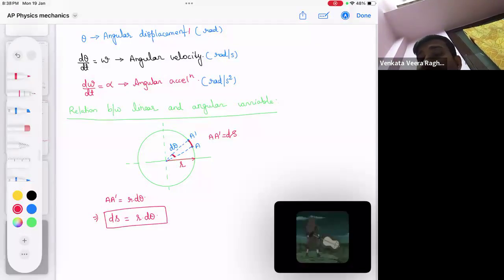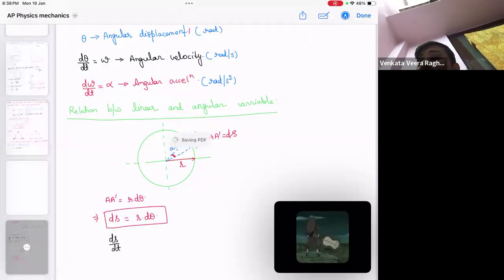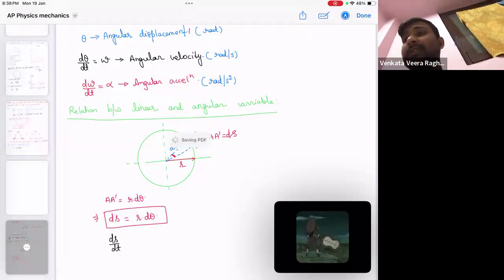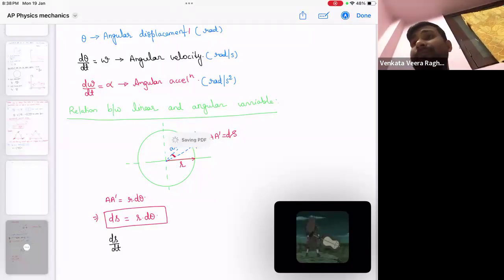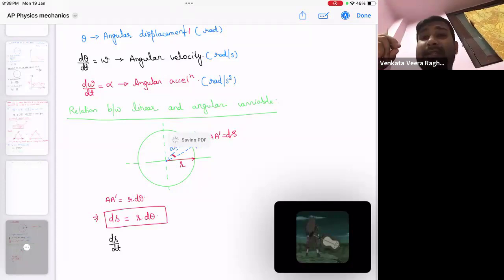Now, if I divide it by dt on both sides, what will my expression become? It will become ds by dt. What is ds by dt? It means it has traveled that small ds distance along the circular arc in the dt time.